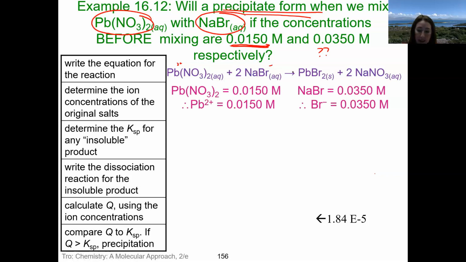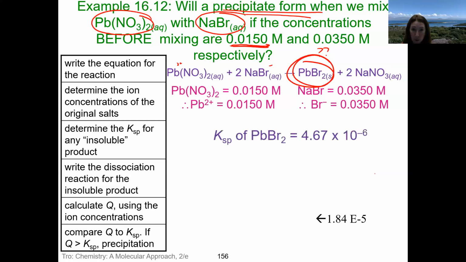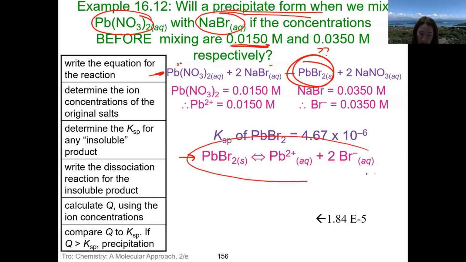Okay, so this is what we care about. We need to know the Ksp for lead 2 bromide. Here's our Ksp. Our dissociation reaction is this. So we had a double displacement reaction, turned it into net ionic, and this is what we care about.